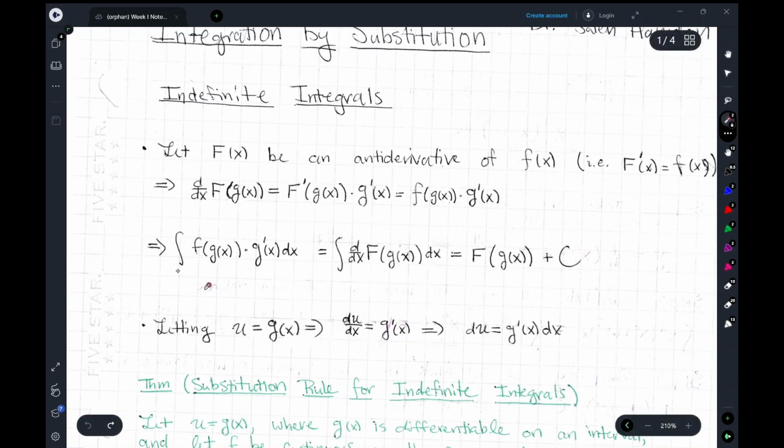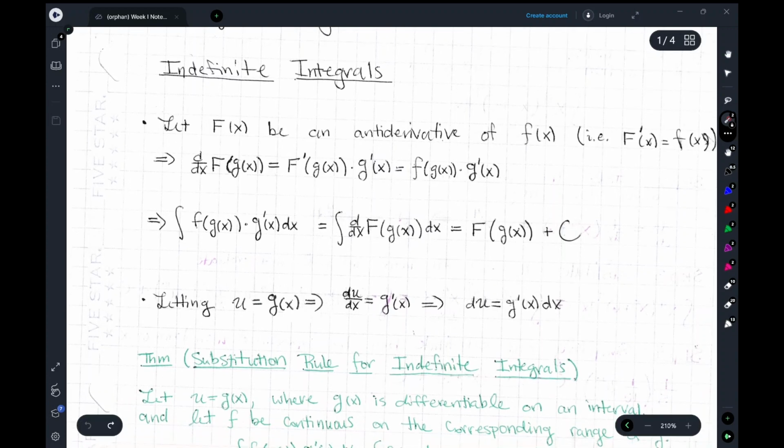Okay? So this is what we're doing. We start with an integral and we try to put it in this form. Once we do, we, quote, factor out a derivative from that expression. So now you've got d/dx of capital F of g of x. And the antiderivative of a derivative is the function itself plus the constant.